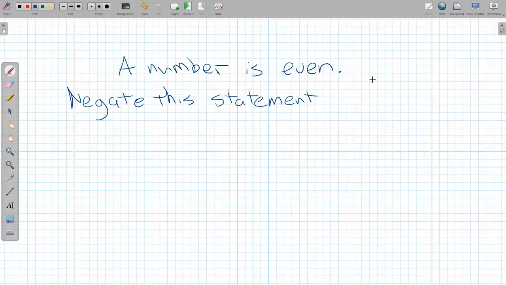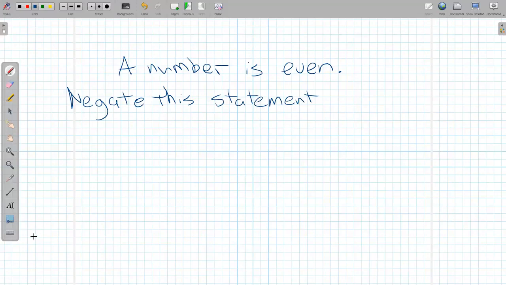Okay, thank you. Anyone else? "A number can be odd" is another, okay. "A number is not even" or "a number is odd." Okay, got a bunch. Cool, all right.